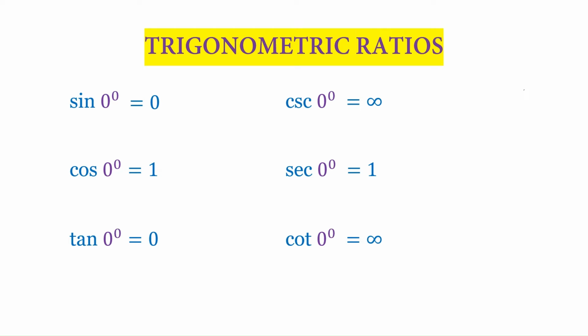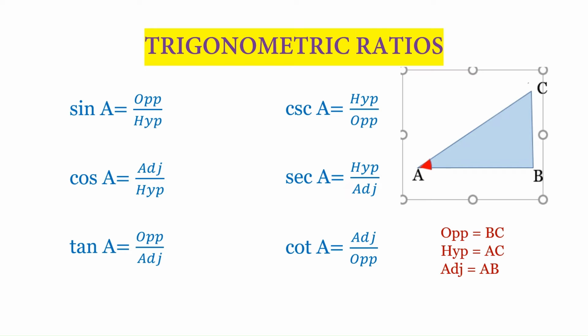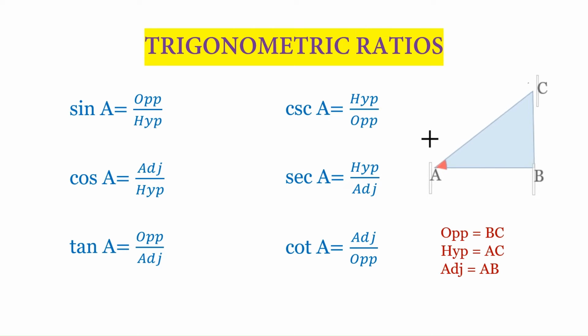Now coming to the next angle, for the same triangle, if we want to make angle A to be 90, we can observe that when we are trying to increase the angle A, it is slowly moving towards vertex B, and the AB side is getting reduced in its length.